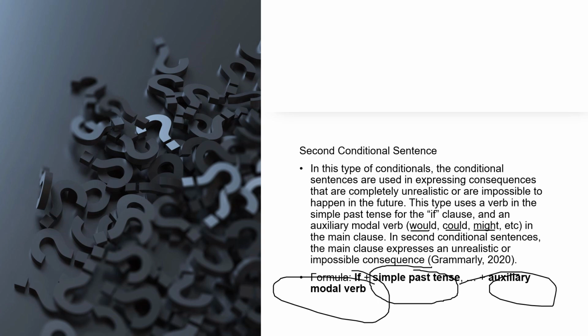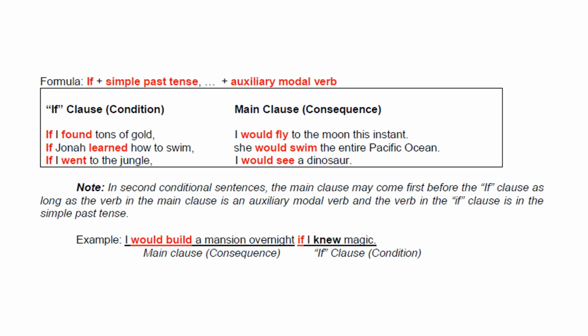And in the second conditional sentences, the main clause expresses an unrealistic or impossible consequence, which we're going to look at in the example.